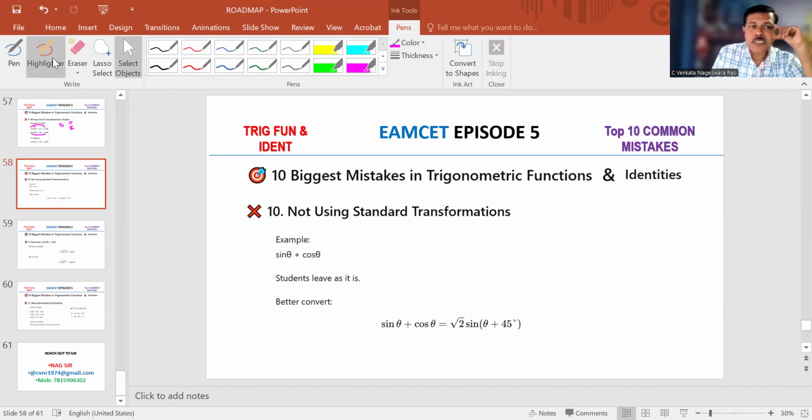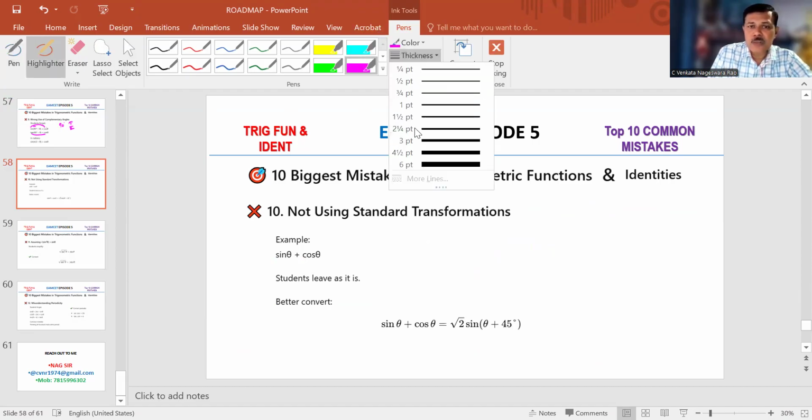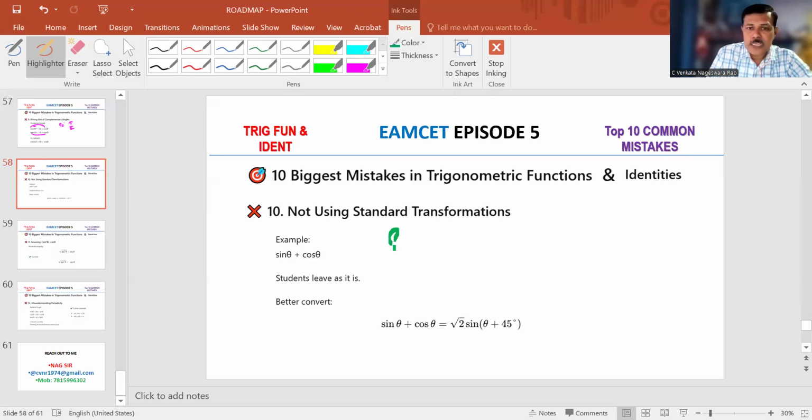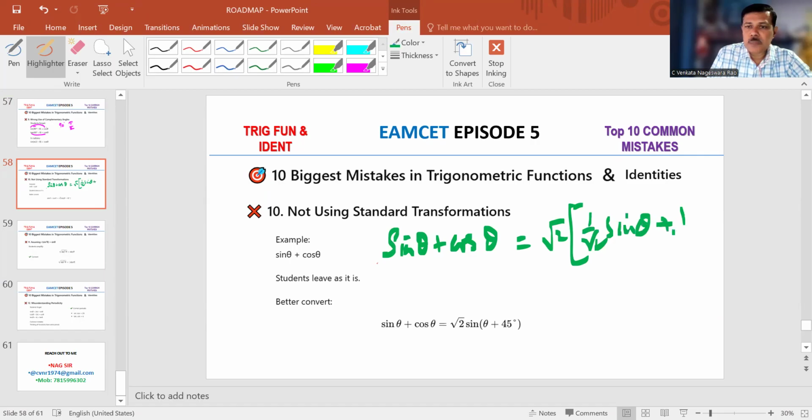Now let us come to the 10th one. Generally, there are certain things where we need to transform the given expression to write the exact answer, given the options. So sine theta plus cos theta, I can take root 2 common: root 2 times 1 by root 2 sine theta plus 1 by root 2 cos theta, right?